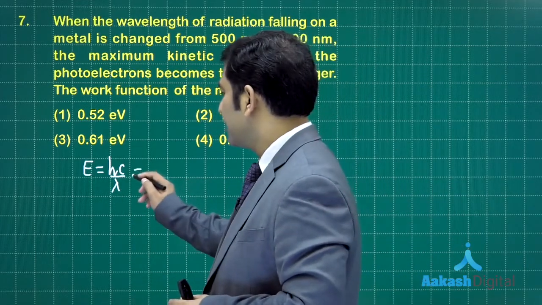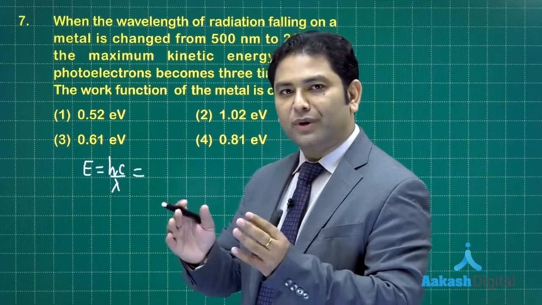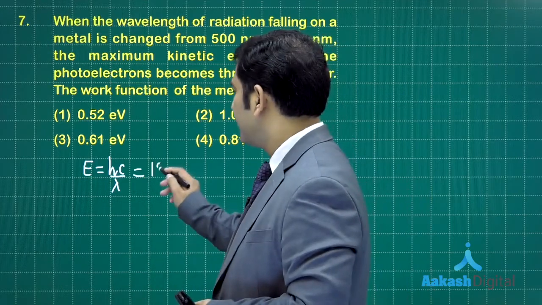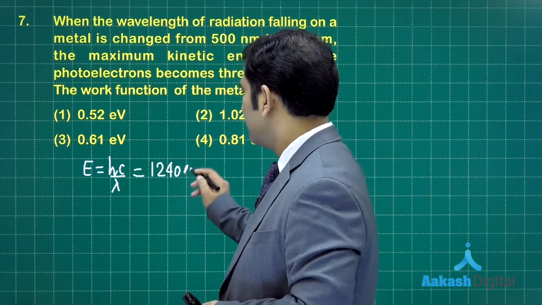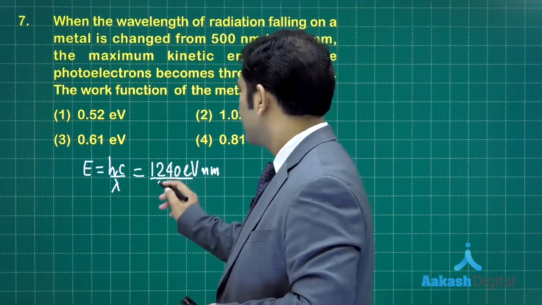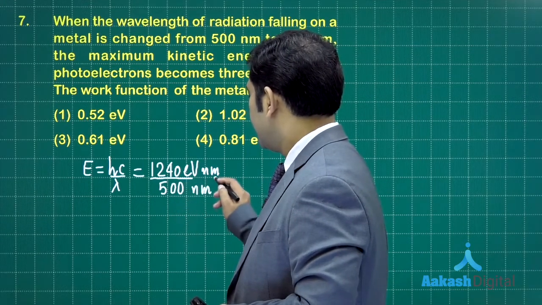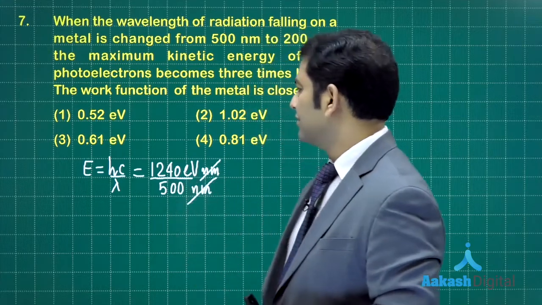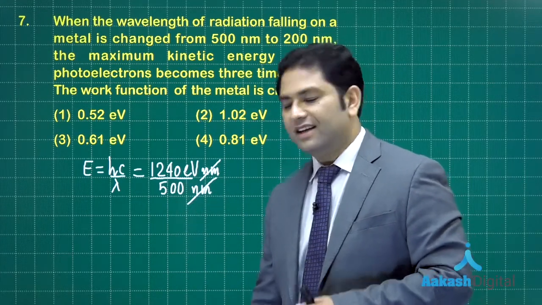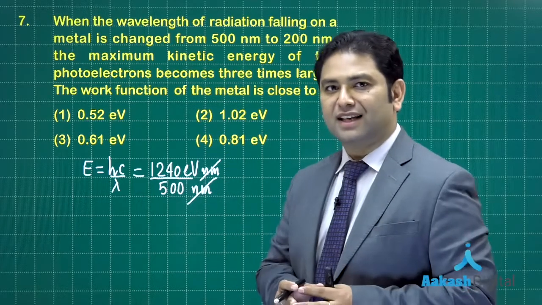One way is that you plug in the values of h and c, or the other way is to memorize the product hc, which is very close to 1240 electron volt nanometer, divided by 500 nanometer. And you could see how easily you can calculate the value of energy in electron volt, isn't it? So use this idea while calculating the energy of the light.